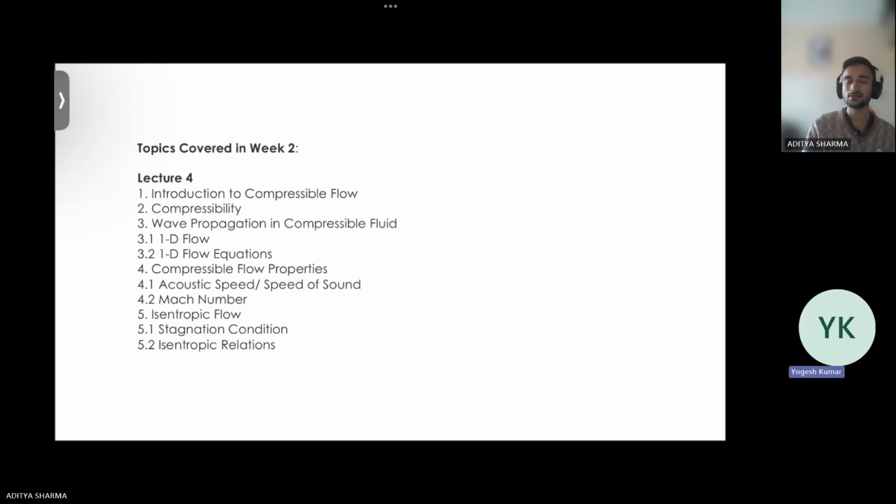Yes, sir, I am also interested in that. Why are they choosing only this flow? In my master's I worked on low speed aerodynamics, incompressible flows, and in my PhD I am working on compressible flows.